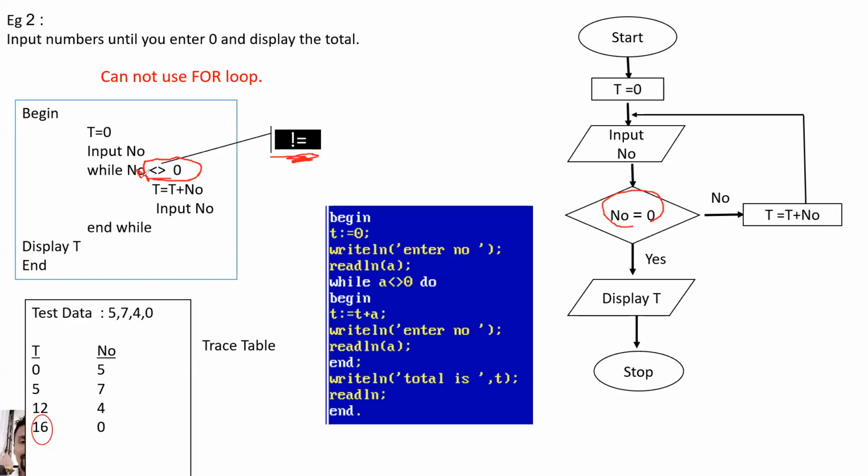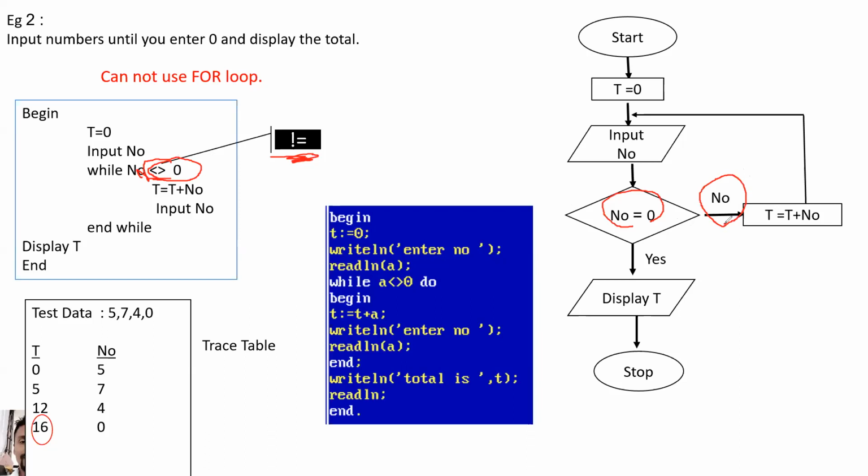So here I am using the while loop. My while loop is working only when the condition is true. That's why I have used not equal, even though my flowchart has the equal part. Look at my flowchart, I am using this into the no sign.